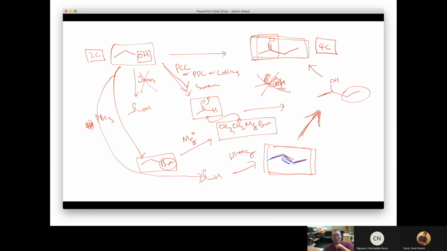Another way is, we already talked about this. You can prepare the aldehyde like this aldehyde from the ethanol the same way.